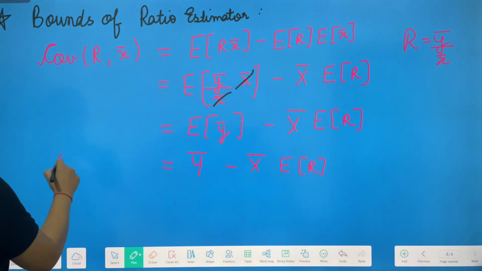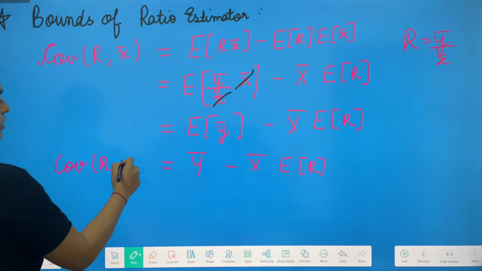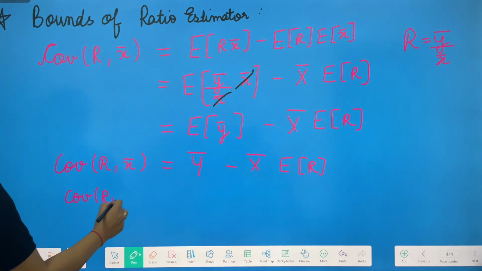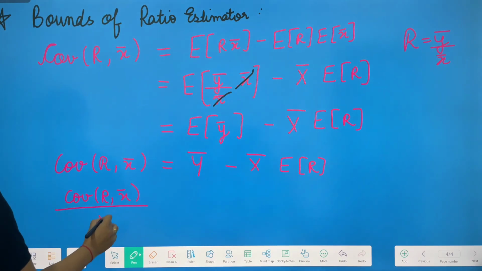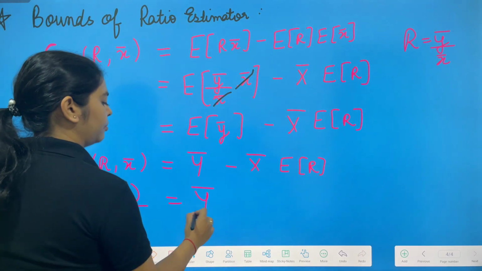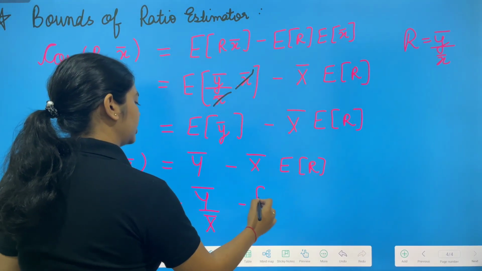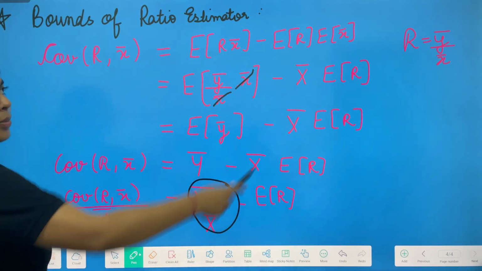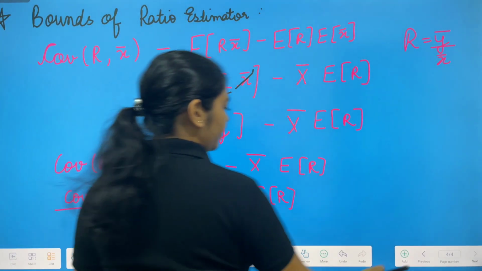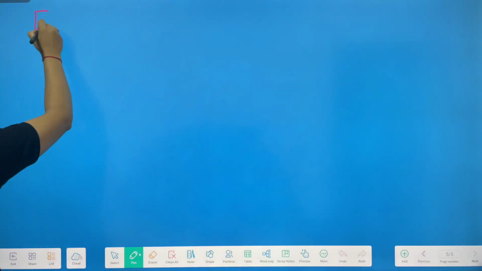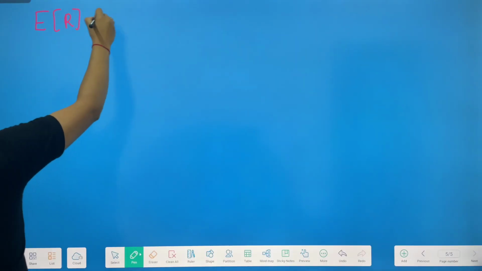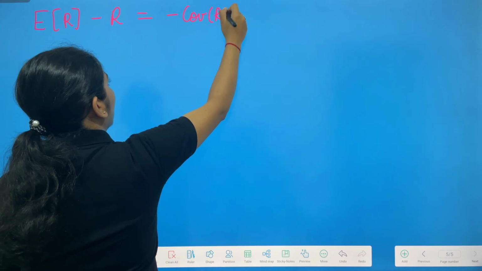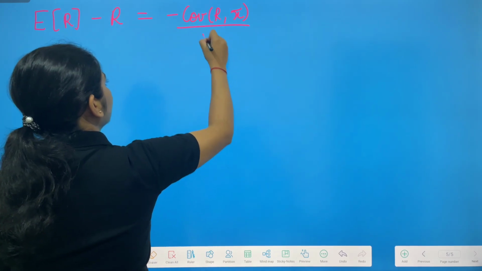Now dividing this whole equation by capital X bar, we will get capital Y bar upon capital X bar minus estimation of R. Now this term is nothing but capital R. So our equation becomes estimation of R minus R is nothing but minus covariance between R and X bar upon X bar.